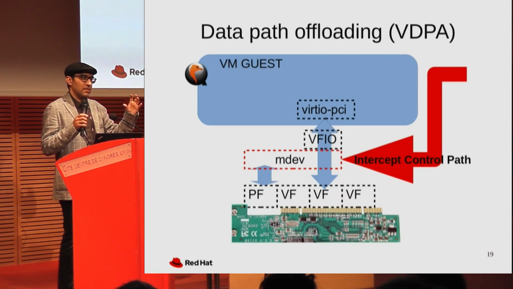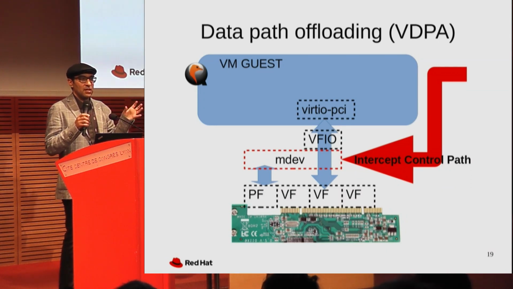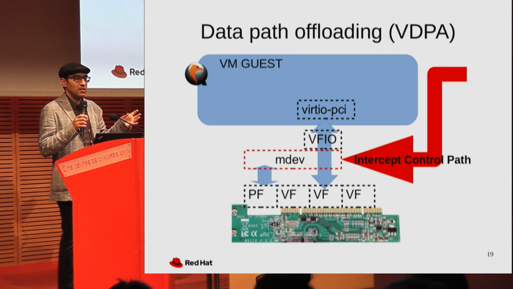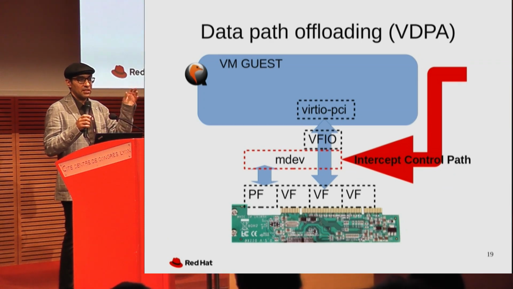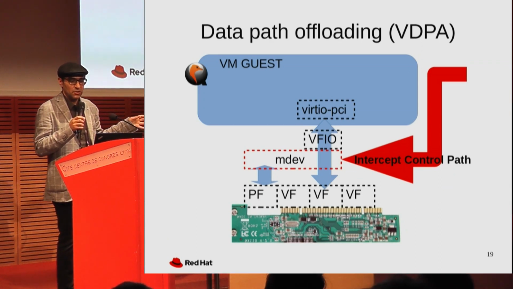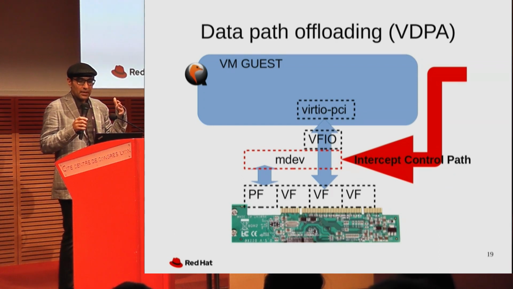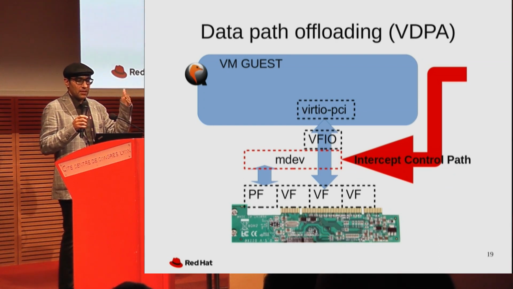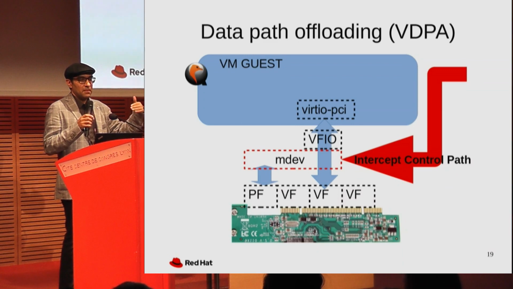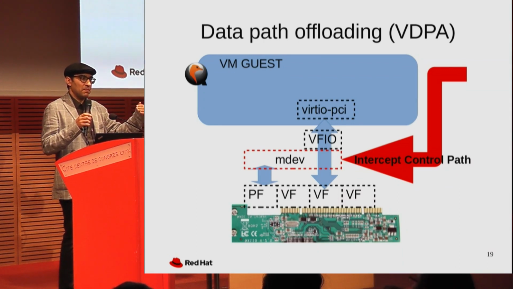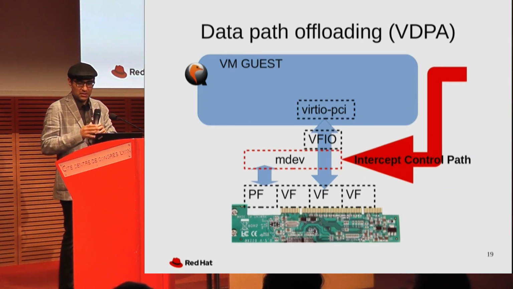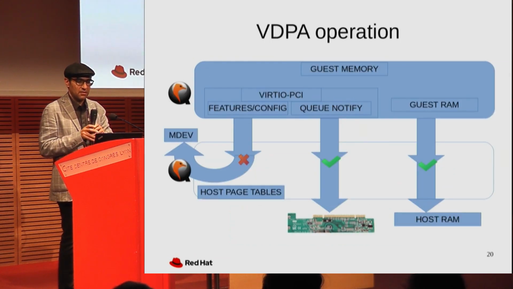This mdev driver can be hardware-specific, vendor-specific. It can access the VF, but it can also poke at the PF if it needs to. It will intercept the control path operations and implement the Virtio spec, just the set of parts in software. And the data path, we want to do in hardware, kind of like this.